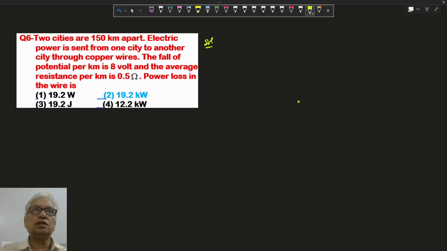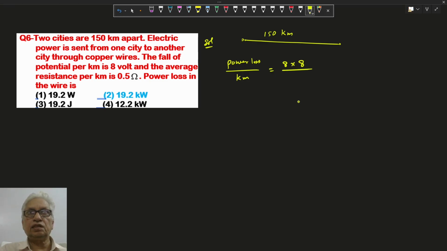in this question, 150 kilometer is the total length of the cable. Here, the power loss in the cable per kilometer is V squared, where 8 into 8 is the potential drop per kilometer, upon the resistance per kilometer. 64 divided by 0.5, that is 8 watt.